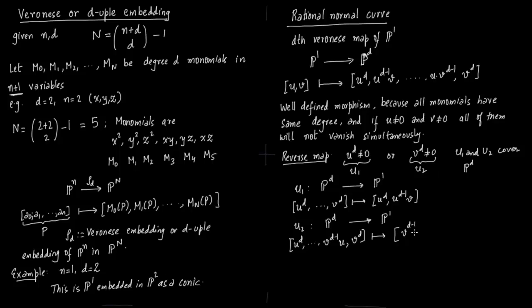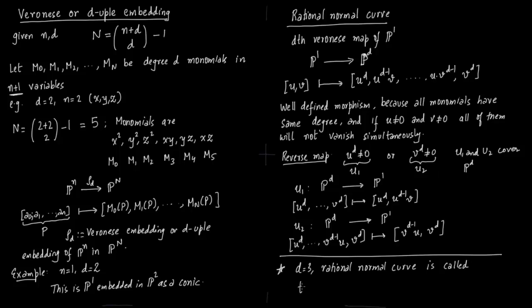Here we have to pick up V D, and correspondingly we will pick up V D minus 1 times u. So this is it. I mean, you can take V D minus 1 common and say that it is u comma v. So for d equals to 3, this rational normal curve is called a twisted cubic.